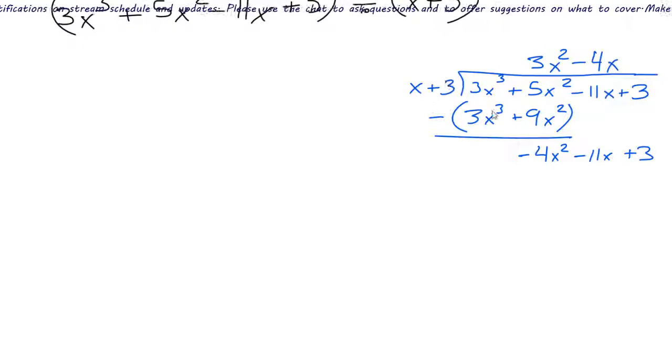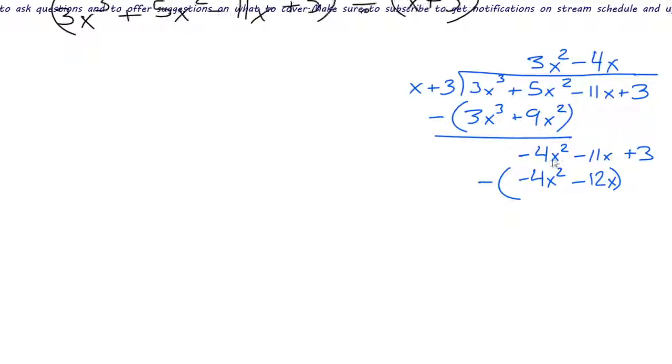Negative 4x times x, negative 4x squared. Negative 4x times 3, negative 12x. And we're going to subtract negative 4x minus negative 4x, 0. Negative 11x plus 12x, because that's a double negative, so subtracting a negative is just like adding a positive, so negative 11 plus 12 is just going to be positive x, and bring down the rest.